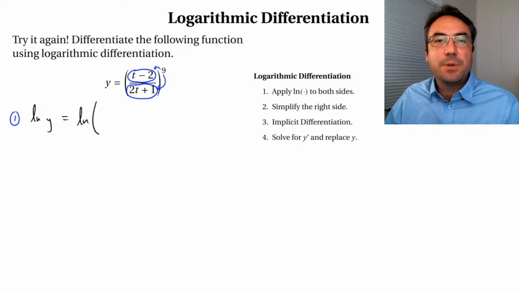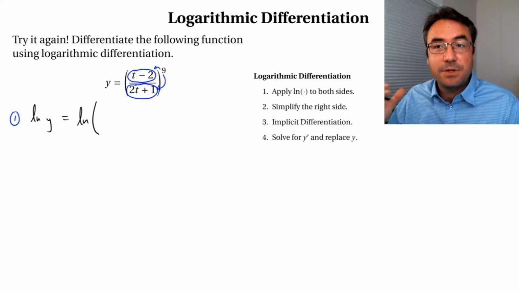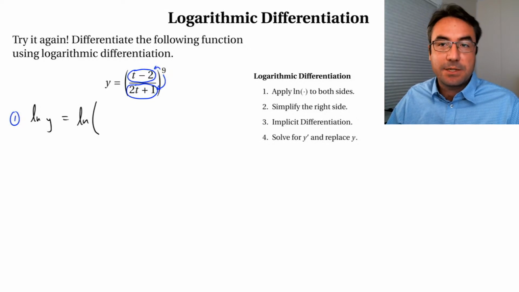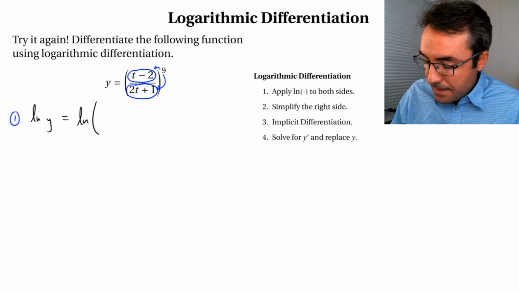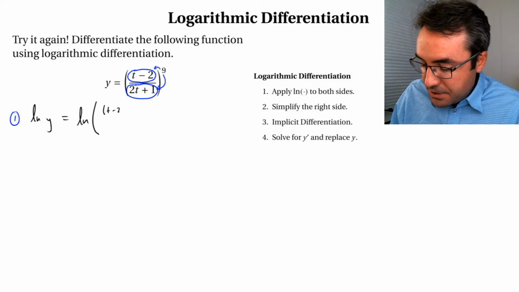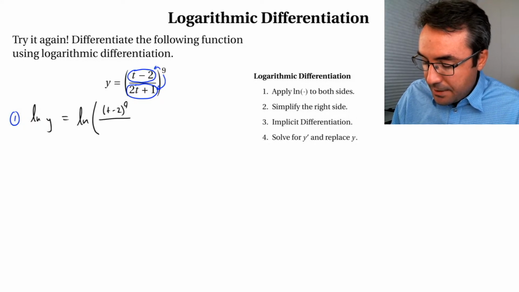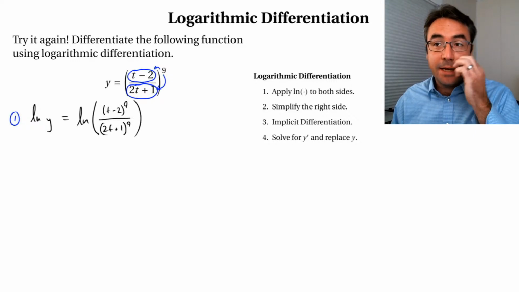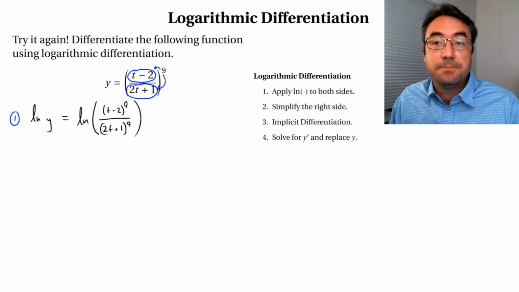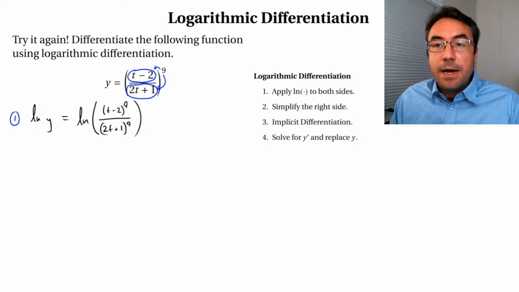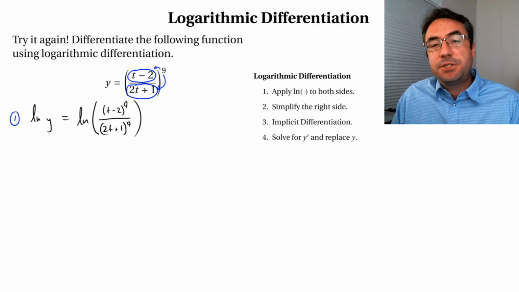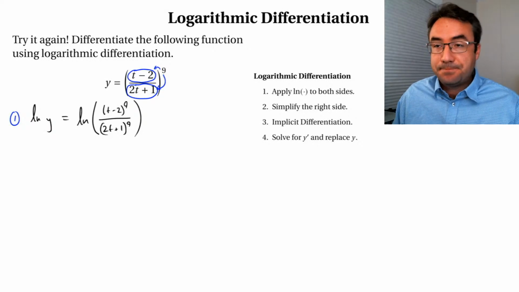So we can only distribute exponents like that for multiplication and division. So we have division here, we can distribute that exponent. So I'm going to think of this as (t minus 2) raised to the power 9, and then in the denominator (2t plus 1) raised to the power 9, and all of that is inside the natural log function. All right, so that's our first step. Just apply ln to both sides.